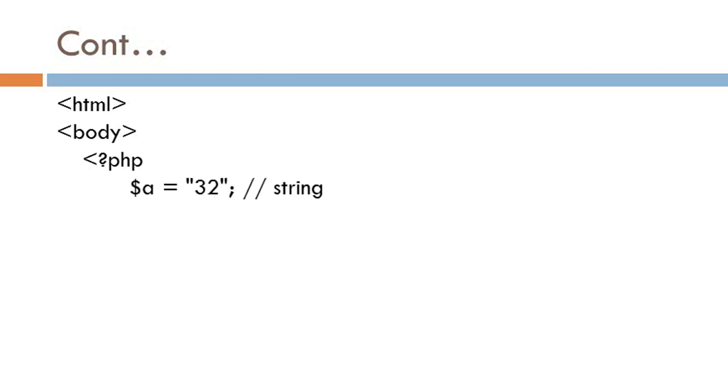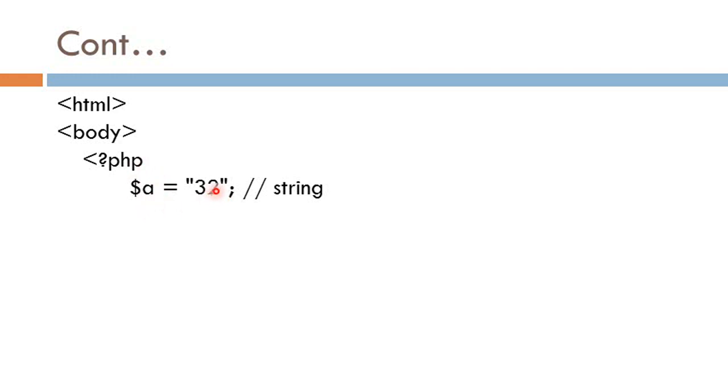Now, an example of the settype function. First, I am writing a PHP script enclosed within HTML. So first write HTML, then the body tag, then write the PHP script using the open PHP tag. Then I write the value of $a equal to 32.